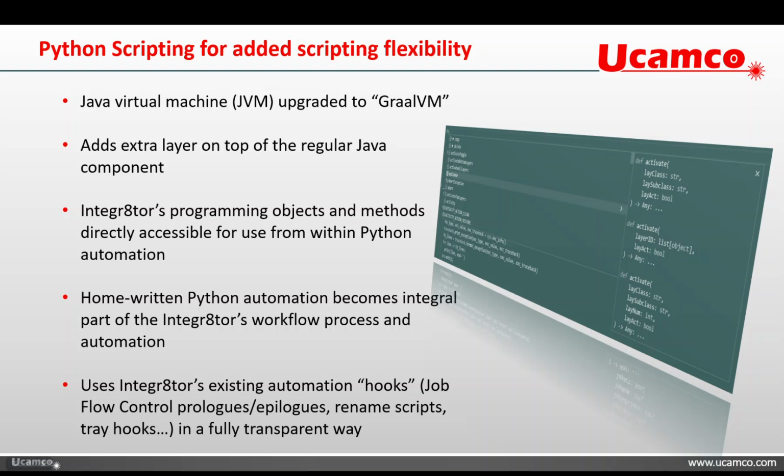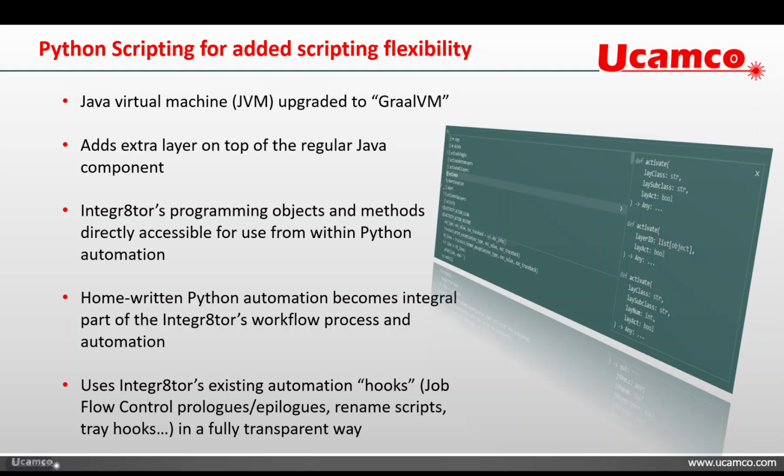Now, what this extra layer does is bring all of Integr8tor's programming objects and methods, so the things that you do to get hold of an Integr8tor job programmatically, and the methods that you have to extract information from this job, or the methods that you have to change any information for that job. This all now becomes directly available from within Python scripting, from within Python automation.